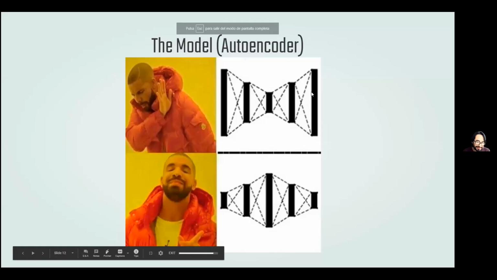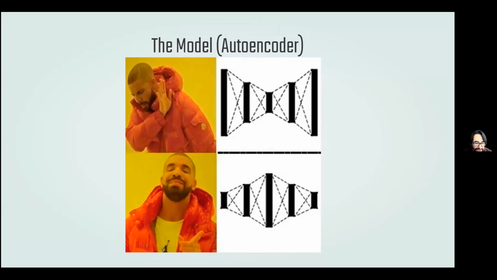Okay. Well, now you have a general idea about the data, about the model, and about synthetic data. Now it's time to understand the model a little bit deeper. The most common way to solve this kind of problem is with supervised learning.